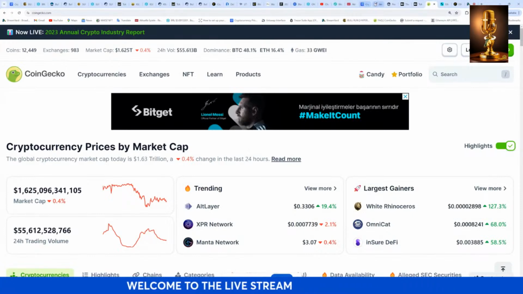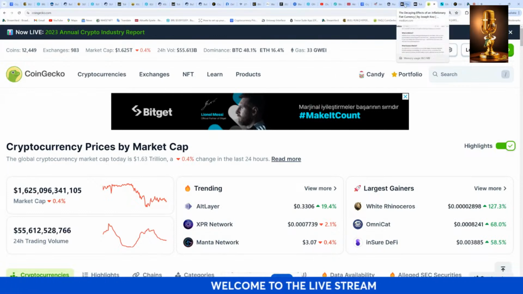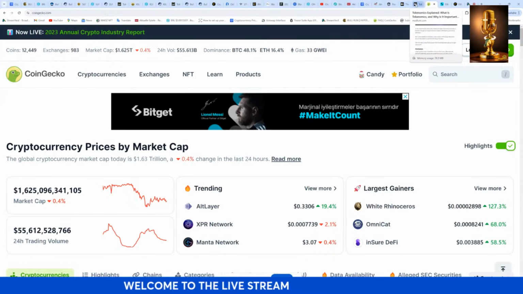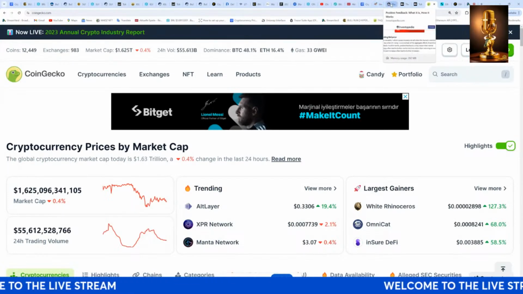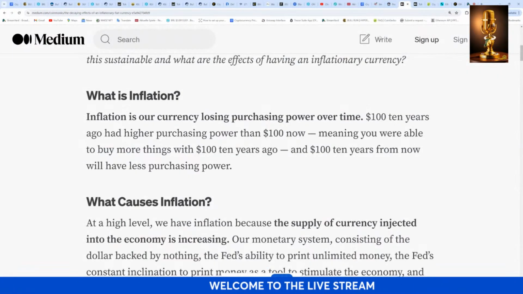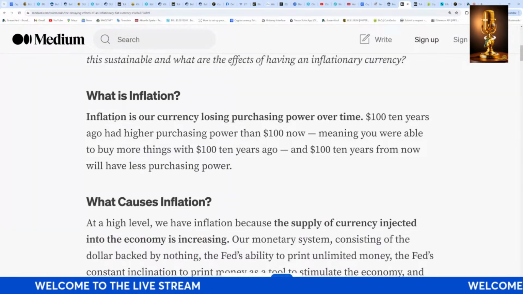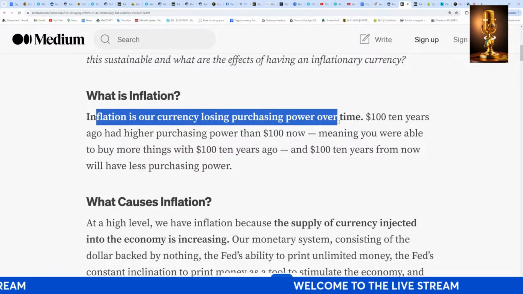Let's look closely at what inflation is. Okay, right here. 2 takeaways from inflation. As we all know, inflation is a currency losing its purchasing power over time.